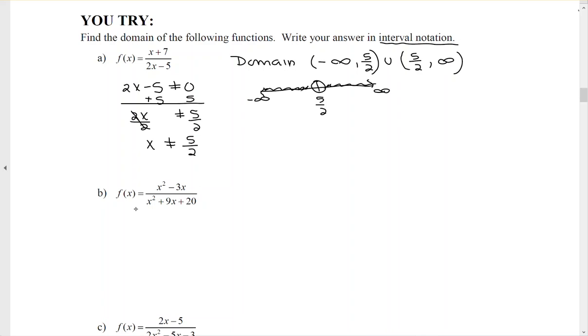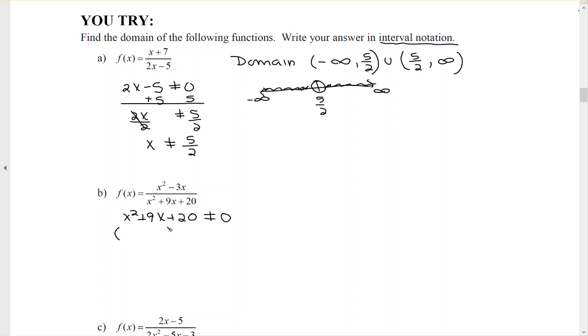The second one, much the same. Set the denominator not equal to 0. This is a quadratic equation, so one way to solve this would be to factor it. And if you're not good with factoring, you can always use the quadratic formula if you remember that.